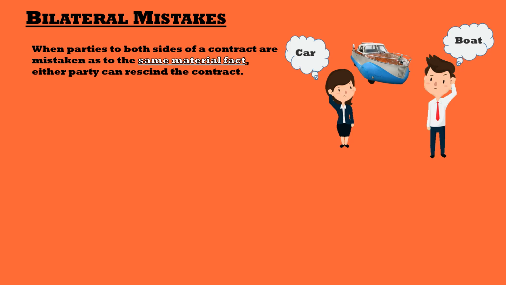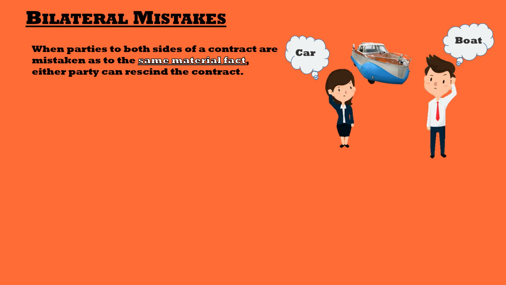One person believes that the vehicle is a car. The other person believes that the vehicle is a boat. Now, because they've made a mistake about the same material fact, what type of vehicle it is, either party can rescind, can cancel the contract.